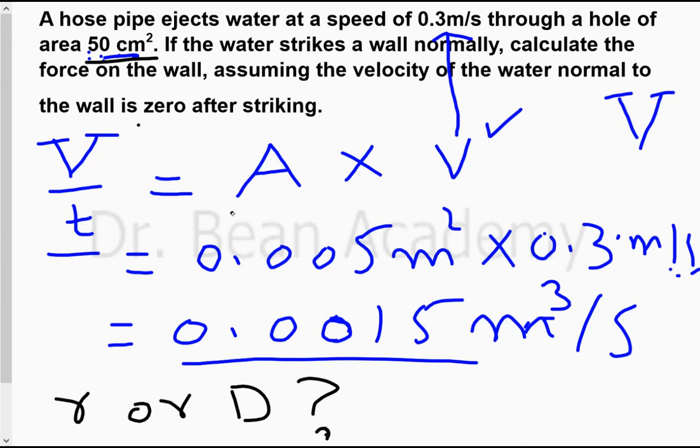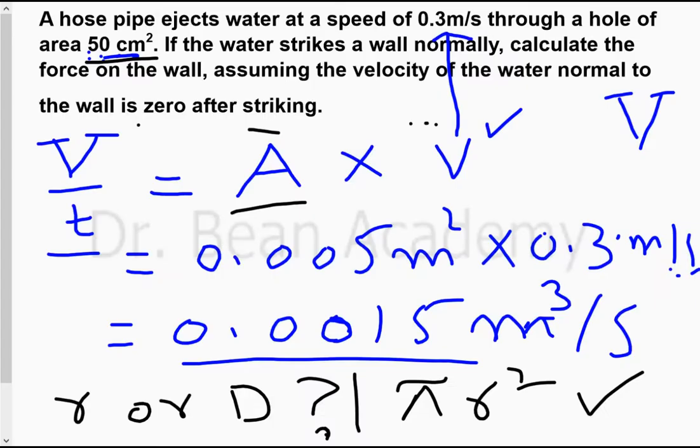Because then you have to take an extra step to calculate the area, and you know it is a circular face, so the area of a circle is pi r squared. So first we will calculate the area from that radius or diameter. If it's diameter, you have to convert it into radius, and then you can use this formula to find the area, and then the rest of the calculations are the same.